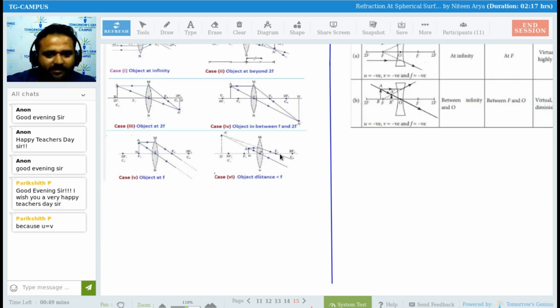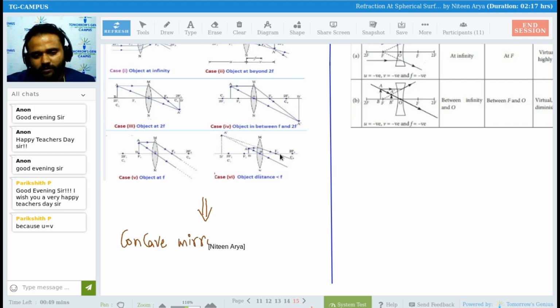Okay, let me write it in the same way, analogous to concave mirror image formation.